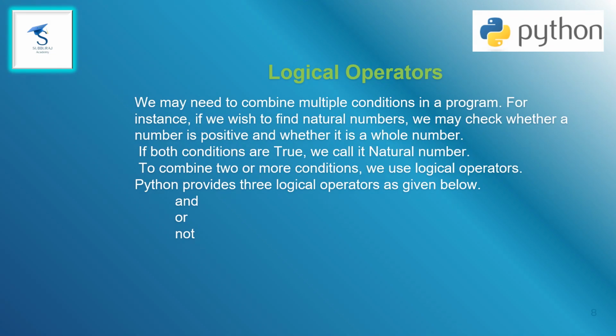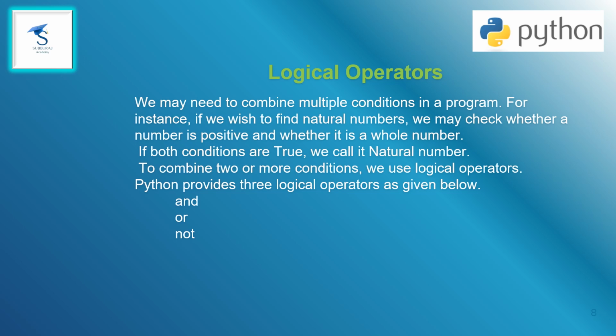Operators used in the selection constructs are called logical operators. Why is there a need for logical operators? In the relational operators, we checked only one condition at a time. Suppose you want to check 2 or 3 conditions, then you can't do it. That's where logical operators help.